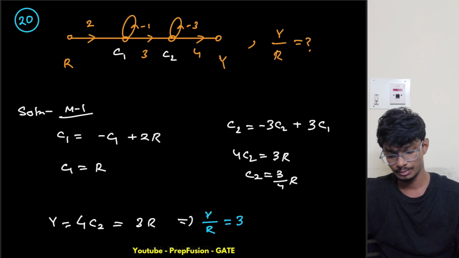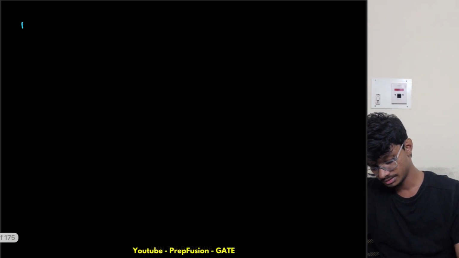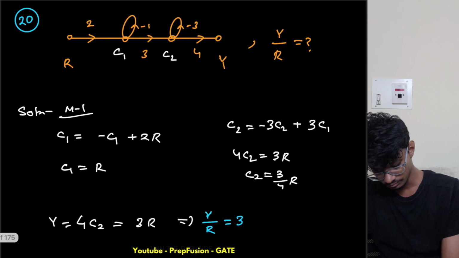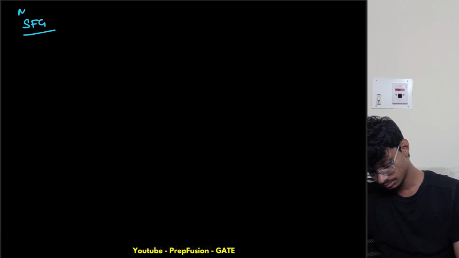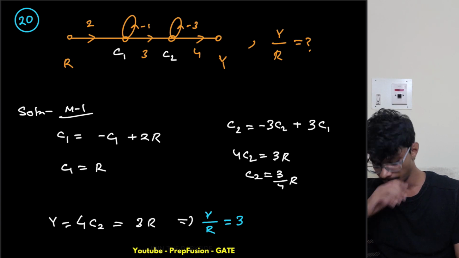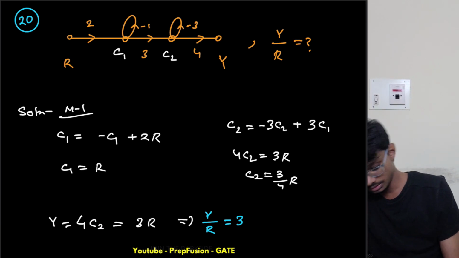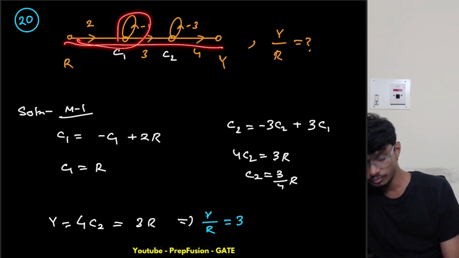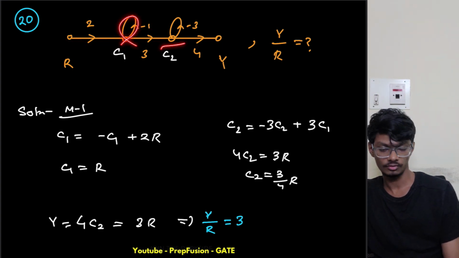You can solve using Mason's also. If I solve using the SFG, we have one forward path, and no other forward path.